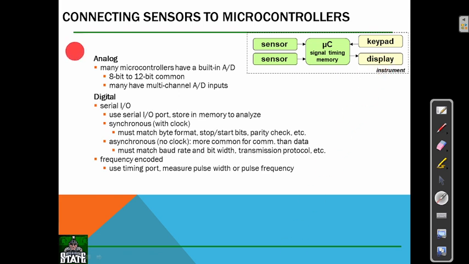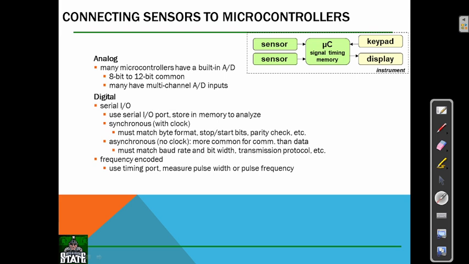Here, many microcontrollers have a built-in analog to digital converter, commonly 8-bit to 12-bit. Many have multi-channel analog digital inputs.